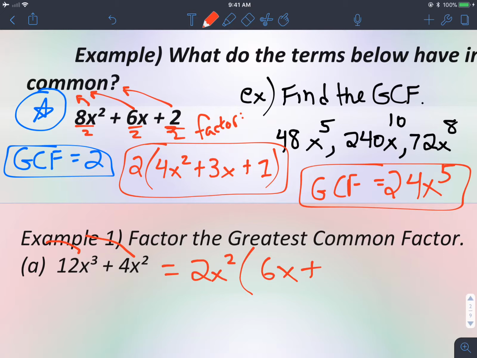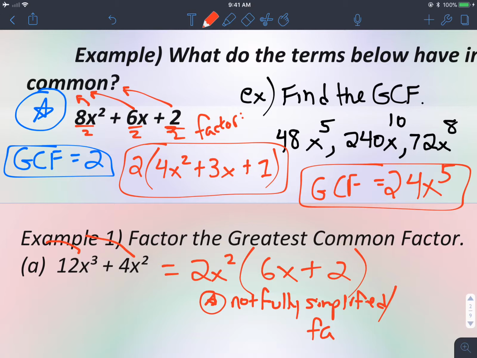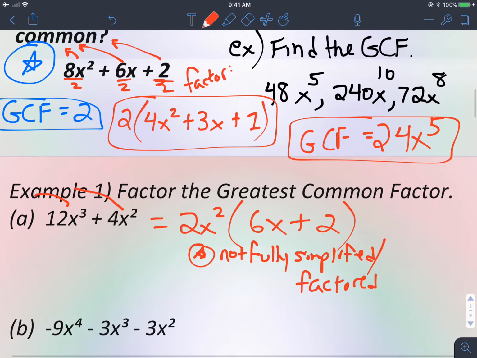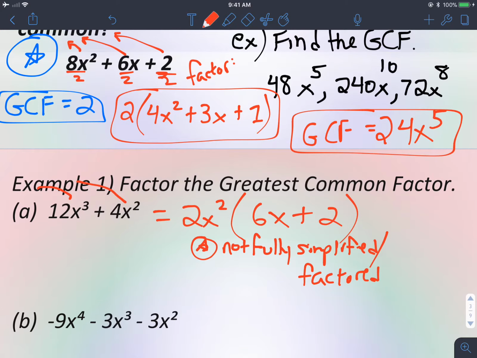And then I pull out the x squared and a 2 from there, so I have this, right? But I picked the wrong thing on purpose. Okay, this is actually not the right answer.